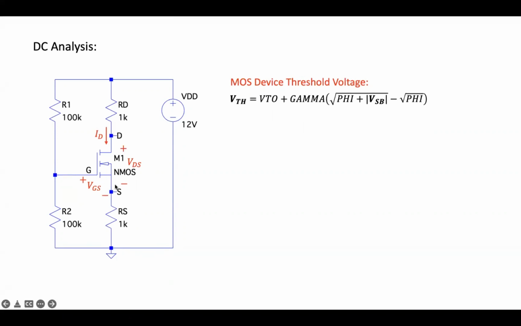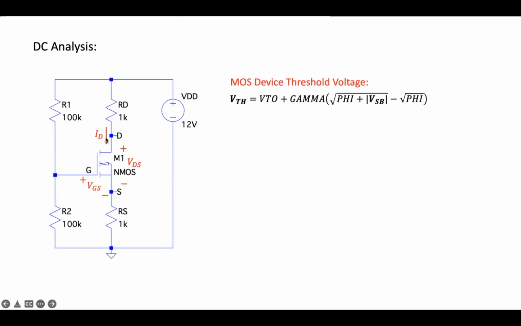The next, we are now going to indicate the VGS. So this is the input voltage, and the VGS must be greater than the VTH for M1 to turn on. Okay, so we will compare VGS with the VTH. If it is greater than the VTH, then we can say M1 is turned on and we will have the drain current.